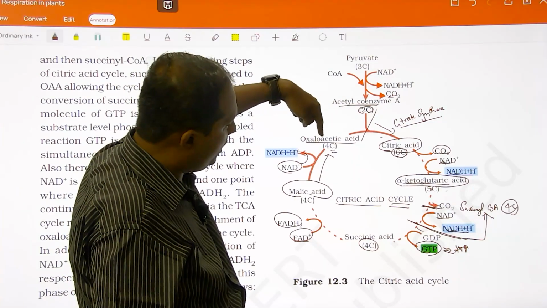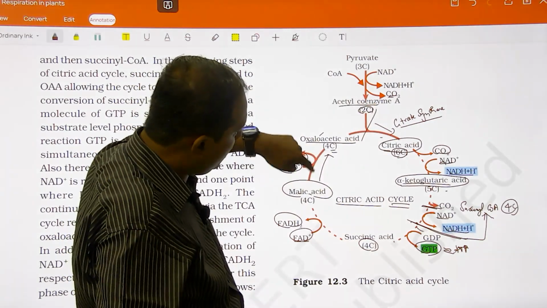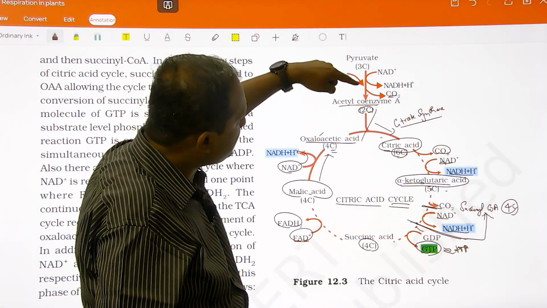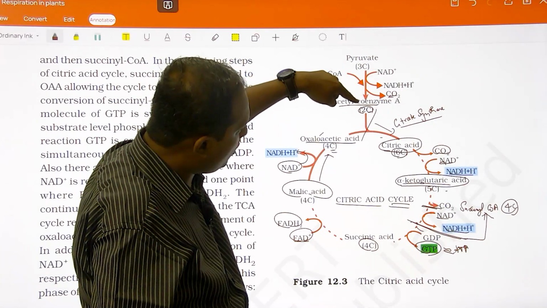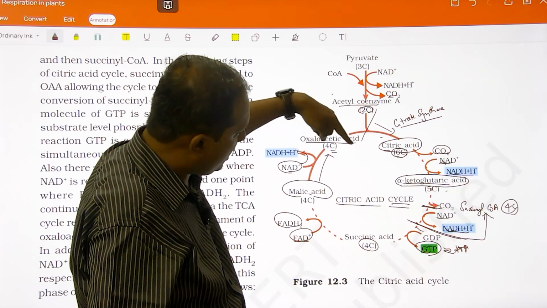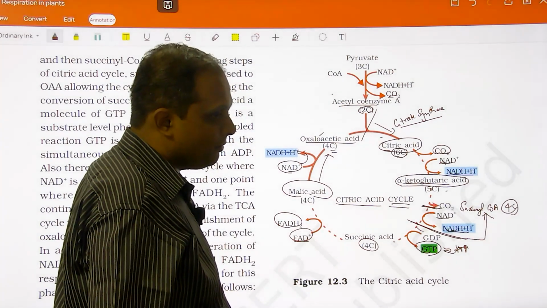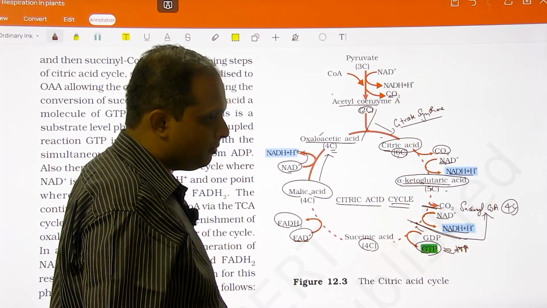You start with OAA, this keeps on happening and you end with OAA. So 4 carbon is brought back. Because here the acetyl CoA combines with oxaloacetic acid to give citric acid. So what has happened to acetyl CoA?